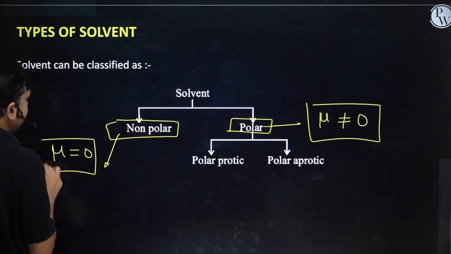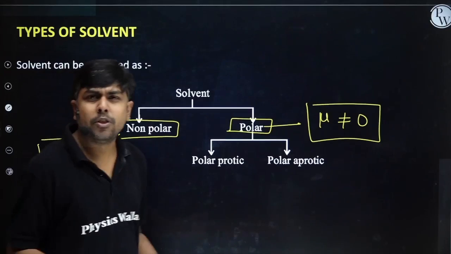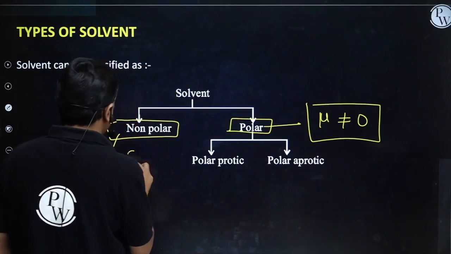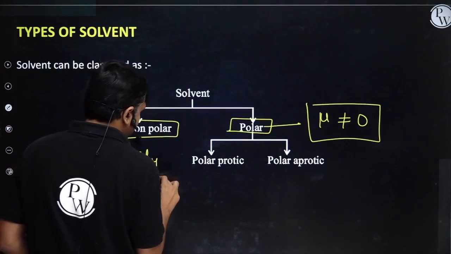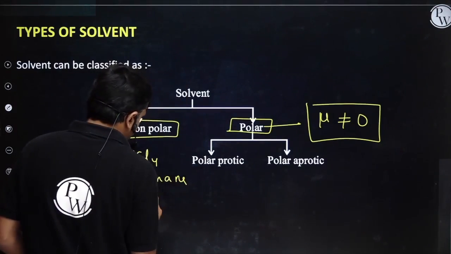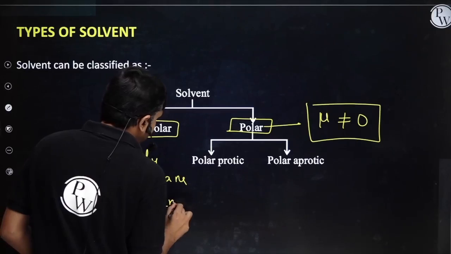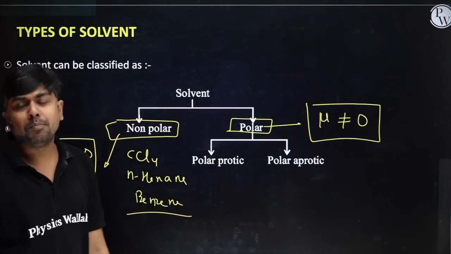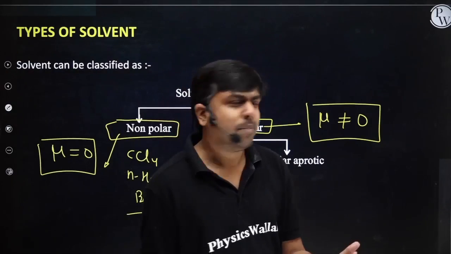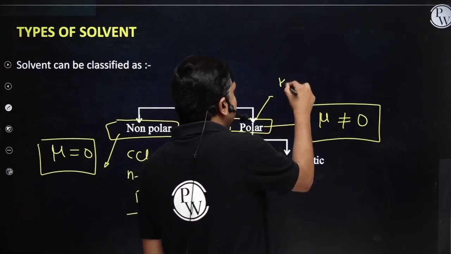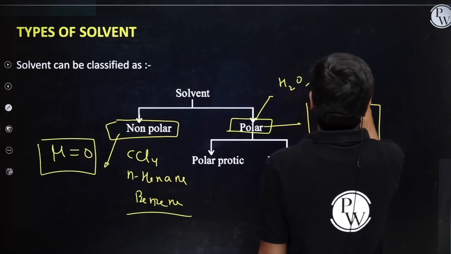Am I clear? The best example of non-polar solvent, CCl4, just now we have discussed. Normal hexane, benzene, all these are examples of non-polar solvents. If I talk about polar solvent, the best examples are water, alcohol, right?